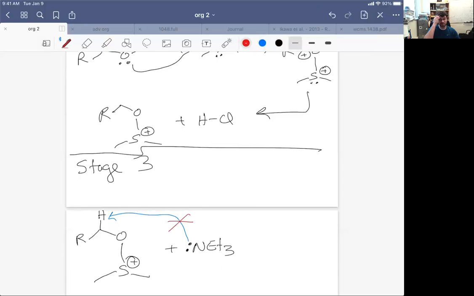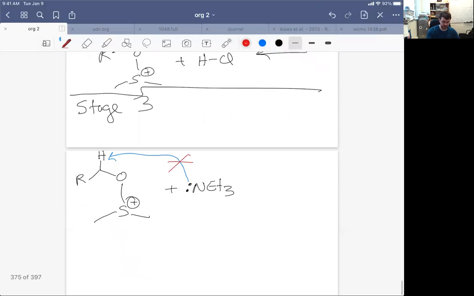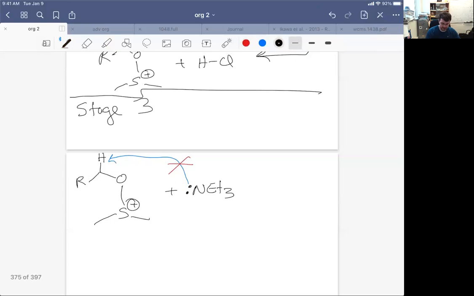This triethylamine is not basic enough to pull off that hydrogen, especially when there are other hydrogens that are more acidic. These other hydrogens would be any of the 6 hydrogens on the carbons attached to the sulfur atom. All of these are more acidic because if you deprotonate them, you can put a negative charge on the carbon atom or neutralize the sulfur atom entirely.